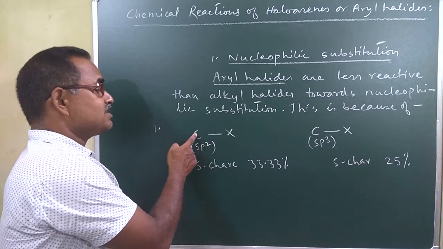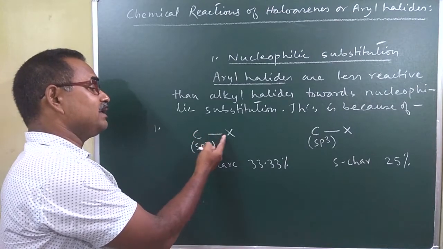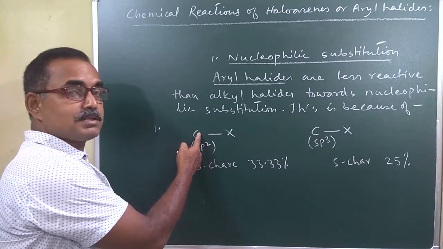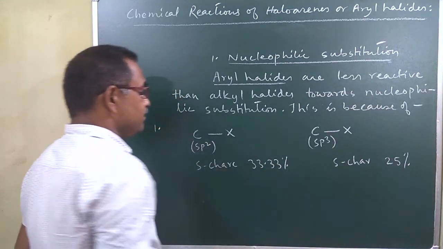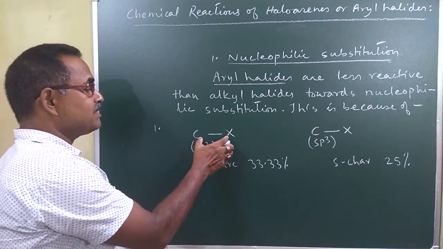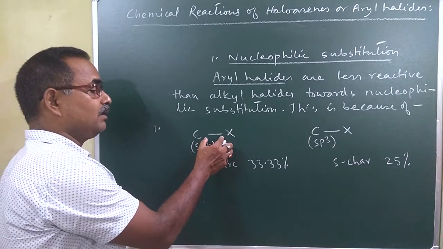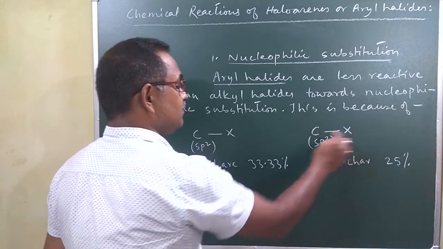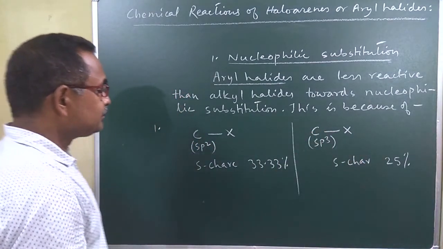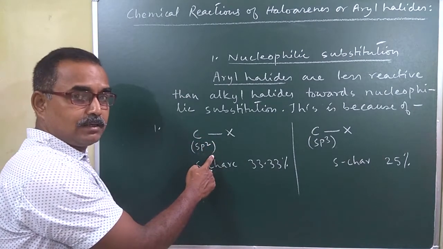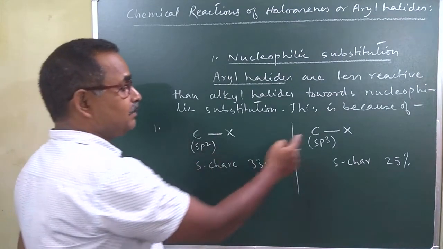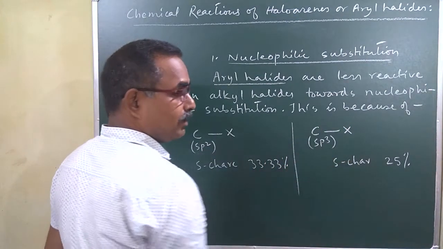So this carbon atom has higher affinity to pull the electron pair towards itself compared to this carbon. As a result, this bond will be somewhat shorter compared to this bond. The carbon halogen bond in aryl halide will be shorter in length compared to the carbon halogen bond in alkyl halide.